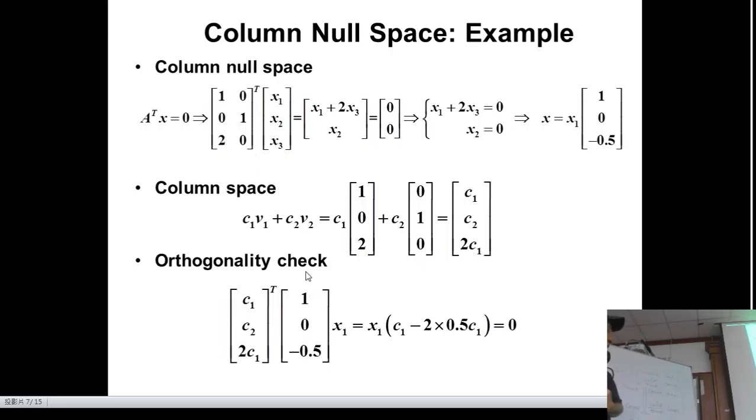The column space is that. For the null space, check orthogonality: this times that equals 0. So this is the null space basis vector. Understand that now? So here I introduced the column null space.